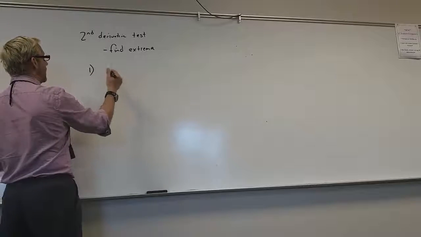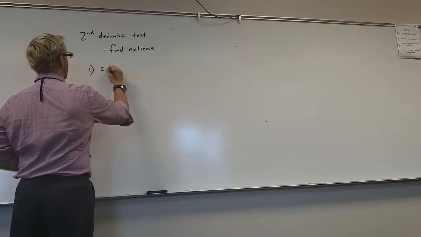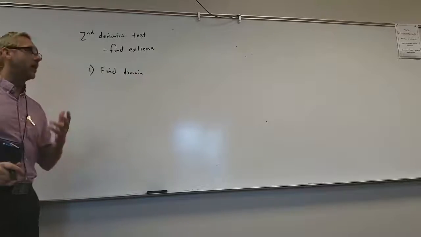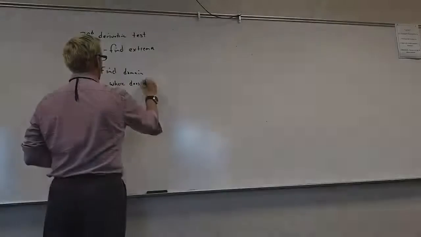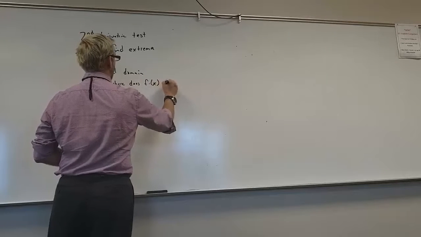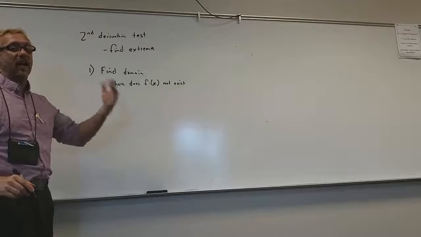So step one, and this is going to be true for all of our steps, we want to find our domain. And by find our domain, we're looking at where does f of x not exist? What values of x break f of x?